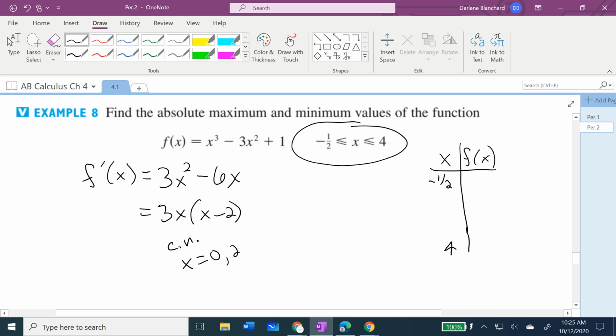Are 0 and 2 both x-coordinates inside that interval? Yes. When I write my table, I started off like this so that I don't accidentally start throwing in numbers who aren't in the domain. It helps me to not mess that up.